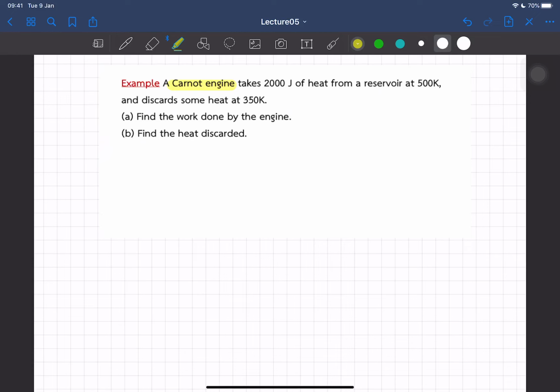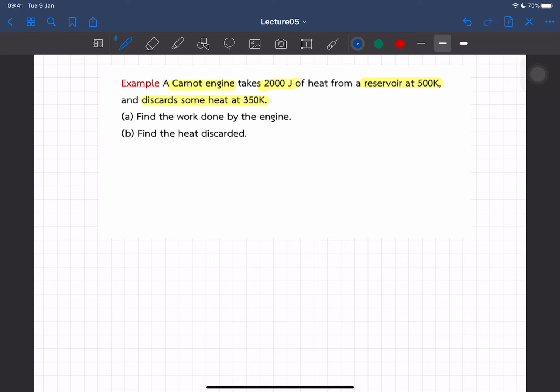It's not just any engine, it's a Carnot engine. So that means the efficiency is the max possible. And what we have here is some numbers: the heat, 2000 joules, taken from the hot side, which is at 500 Kelvin. And we also discard some heat at the cold side, which is 350 Kelvin.